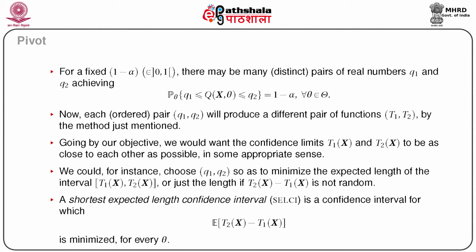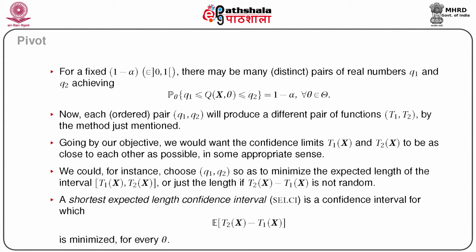We would want to select the pair of q1 and q2 that will make T1 and T2 close together in some sense. For instance, if T2(X) minus T1(X), which is the length of the confidence interval, is not random, then we might select the pair of q1 and q2 that makes the length of the interval smallest.